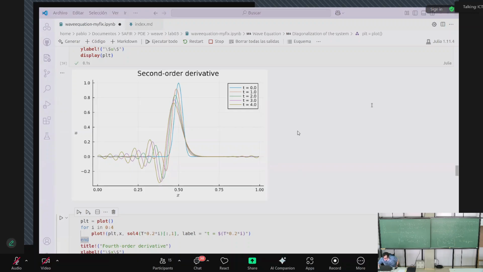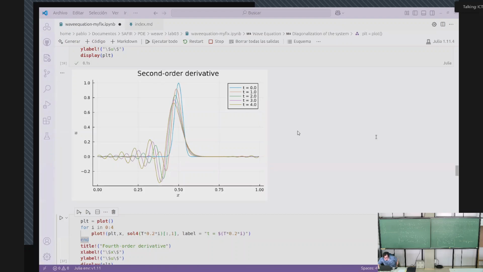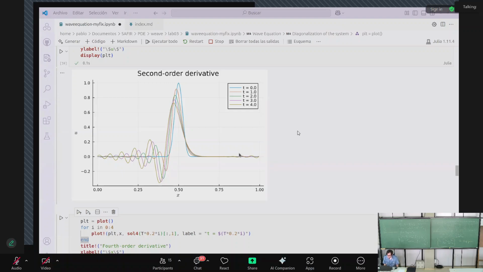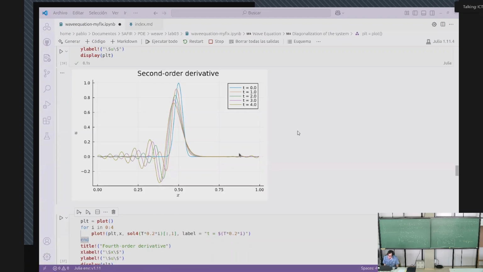Was the initial condition defined with some compact support? Yes, it was defined with some compact support in this case. It is 0 and then goes up and then goes down. Maybe because of the discontinuity?